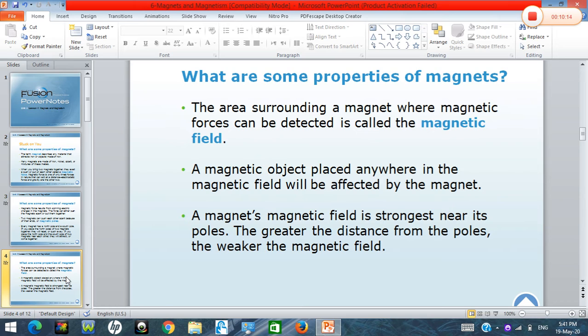For example, if we have a magnet and we put around the magnet magnetic material like iron nails, and we draw two circles, small circle and big circle, around the magnet.